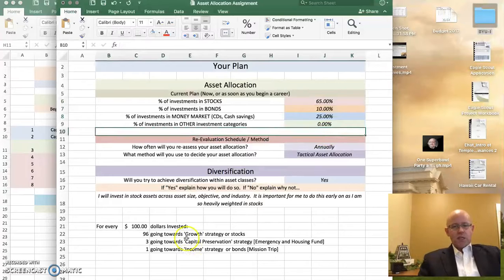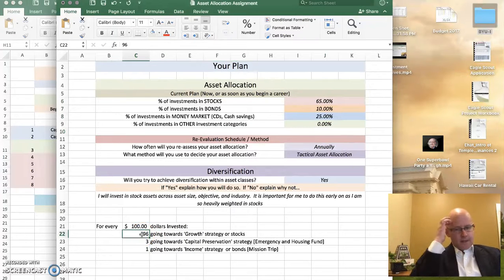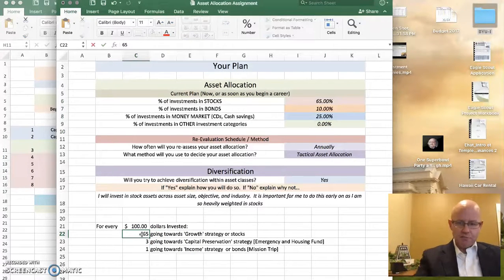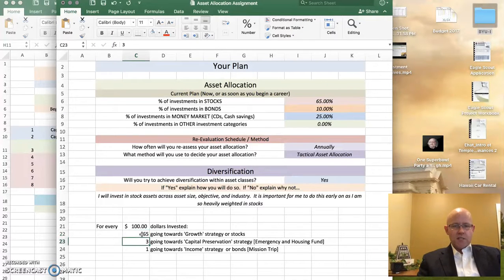So that makes sense. So again, if I come down here, and this isn't mandatory, this section, it's just for visual purposes, I say, okay, 65 is going to go to the growth strategy. And then I say $25 of every 100 invested is going to go towards capital preservation. And then $10 of every $100 I have to invest is going to go towards the bond.